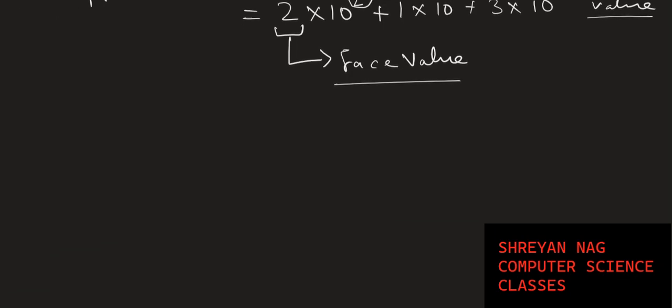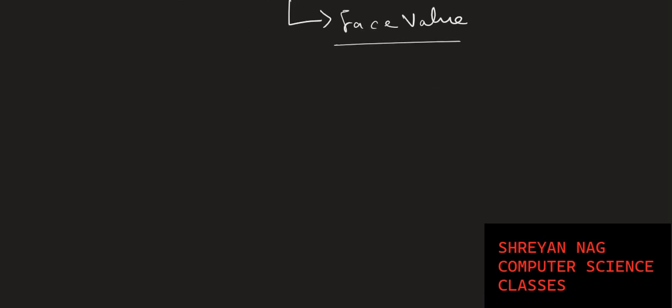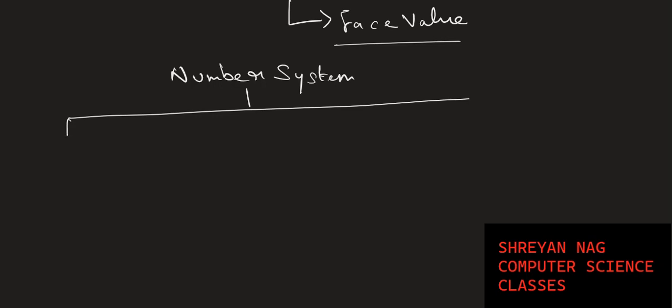Now we are going to see what the different types of number systems are, depending upon the base, which we will talk about in a few moments. The first is the binary number system.